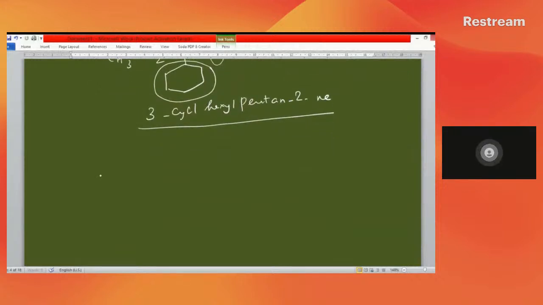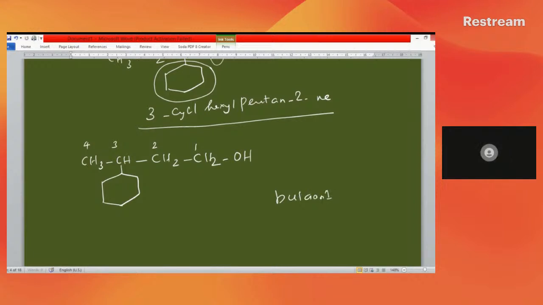Yes, I am writing one other structural formula. If it is the case, we can have CH3, CH, CH2, CH2, OH, numbered 1, 2, 3, 4. So it is to be called butan-1-ol, isn't it?